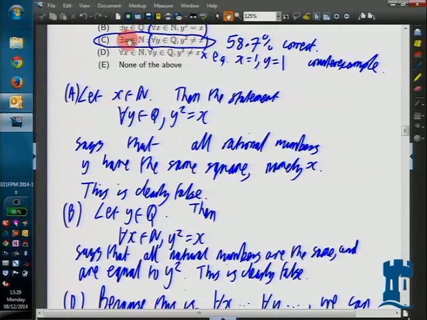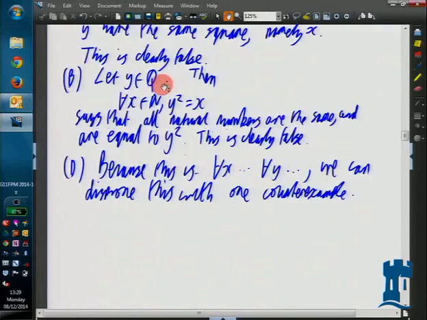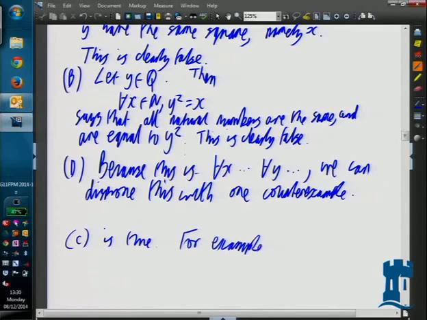So this time you prove it true by example, and the example is 2, for example. I mean, or many others. So C is true. For example, you take x equals 2. Then the square root of x is irrational.